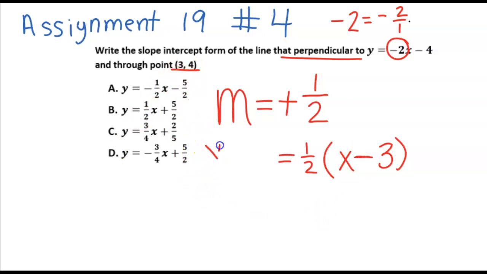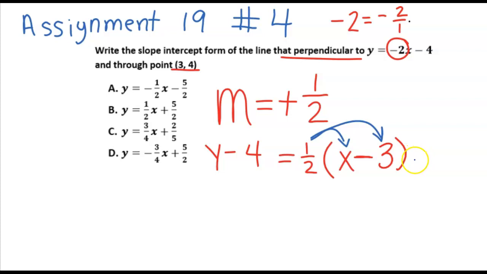If this is a +4, this is a -4. And what does this mean? What does it mean when I distribute? It's going to distribute and it's going to get really ugly.